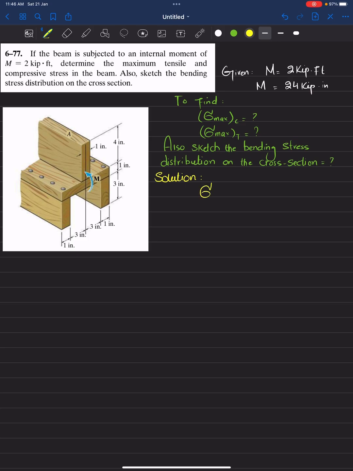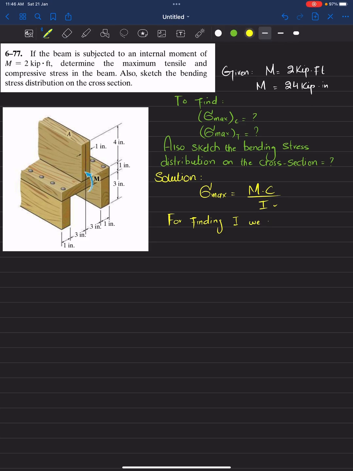So we know that maximum stress is equal to M times c divided by I. We do not have I, but we have the cross section and all the data. So first we will find this I. For finding the moment of inertia, we need the neutral axis.